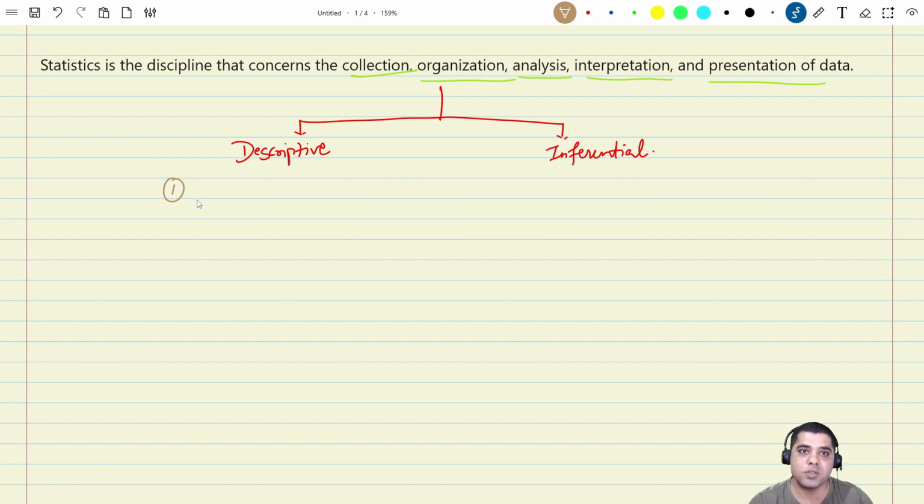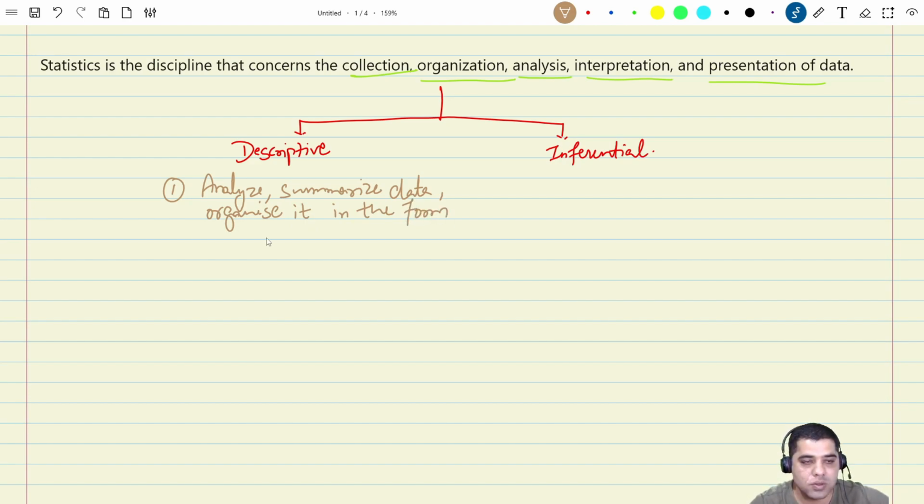One is, in descriptive statistics, we analyze the data, we summarize the data, and organize it in the form of numbers and graphs, so that we can get some insight out of that. So analyzing and summarizing the data.